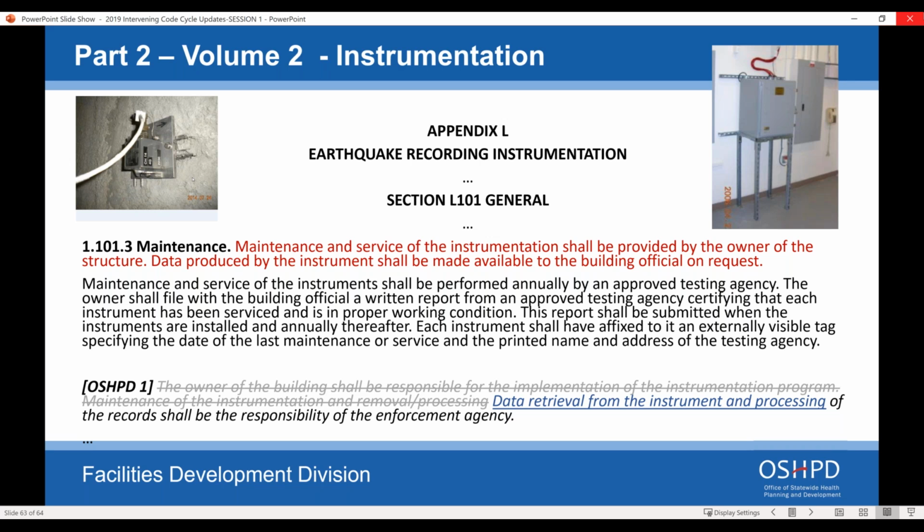We contract this with CSMIP, so we will be sending the owner a bill for that. We will let them know this instrumentation is not working, and they need to fix it. Either they fix it or they can have CSMIP fix it for them, and then they will get billed for that. Okay, I'm done.